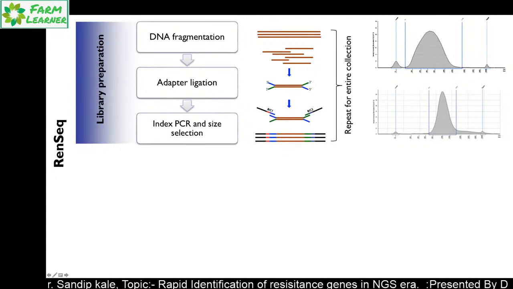First, you extract the DNA and then fragment the DNA. Then this fragmented DNA is ligated with adapters, the same way as we did in genotyping by sequencing, and each forward adapter has one specific barcode sequence. Then you amplify this product using index PCR.